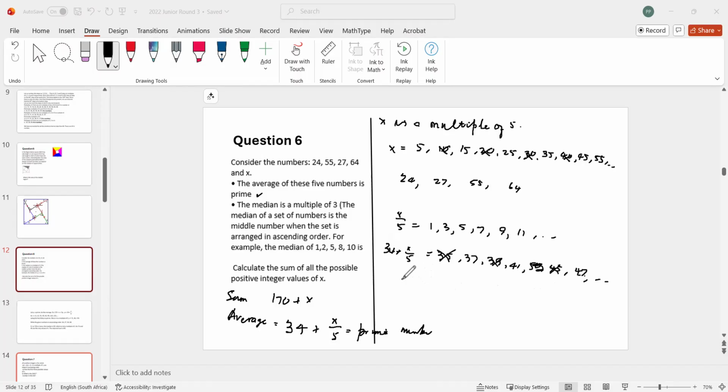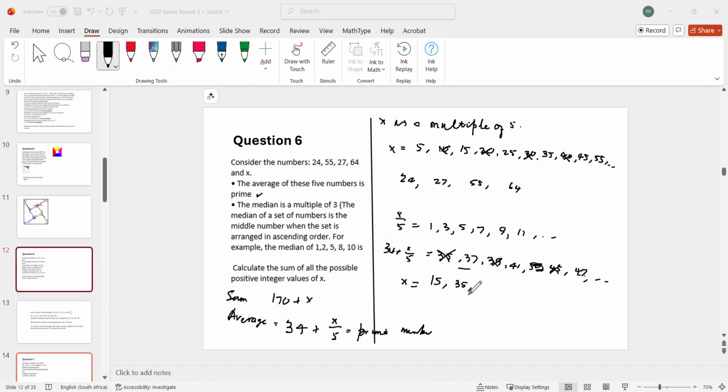So you have that x can be 15. That 15 over 5 is 3. It gives you 37. x can be 35, because 35 over 5 is 7, and you get 34 plus 7 is 41.